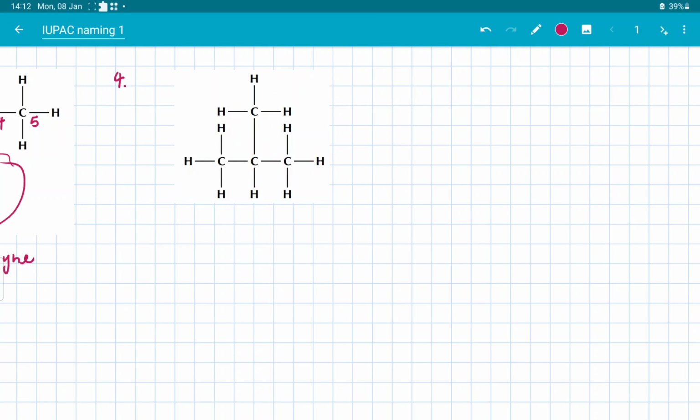The results are the same because I'm just going to follow the longest continuous chain here. The longest continuous chain here can only have 3 carbons. And then the 4th carbon becomes part of a branch, a side chain, which is in this case methyl.